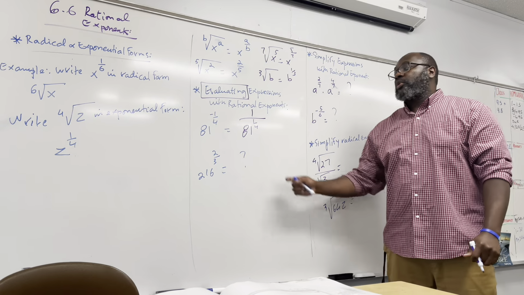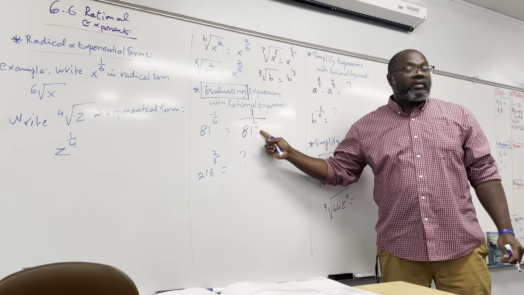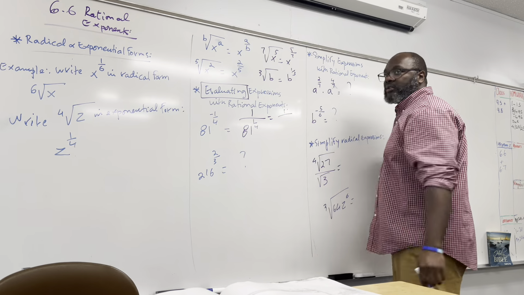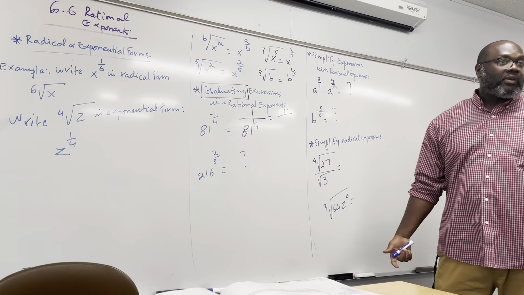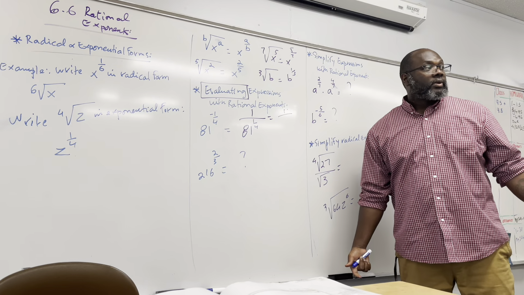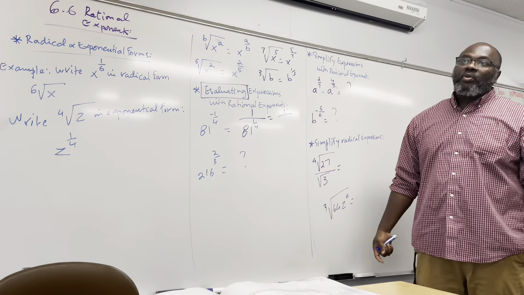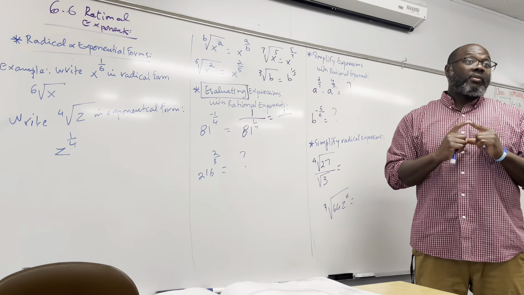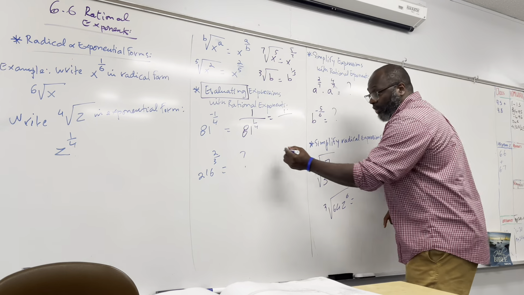So what we're going to do is we're going to try to evaluate this, okay? So I'm going to break down 81. If I break down 81, it gives me what? 9 times 9, which is also 9 squared. It's a good thing, but we want to make sure when we do that, we use the prime number 3 to the what? 3 to the 4th, right?